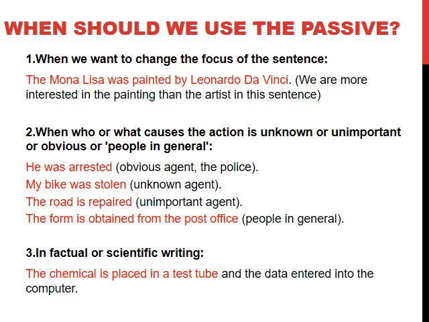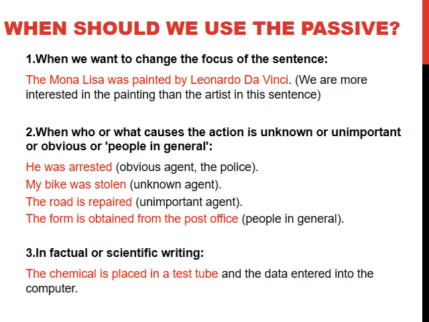When we have, for example, people in general, we are not going to mention the doer of the action because we don't know him or her. And when we have something unimportant, we're going to say, for example, he was arrested, or my bike was stolen, or the road is repaired, and finally the form is obtained from the post office.